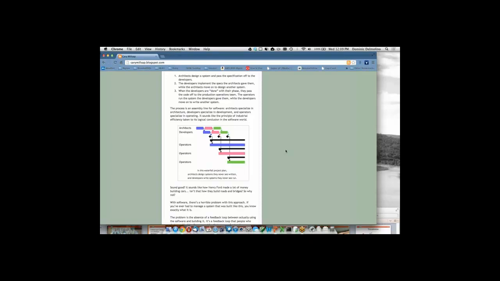So again, if I apply the A word to this, it polarizes people sometimes because they've been taught that the word agile means sloppy, or they've found out that agile is not something that they want to be a part of. But part of what I consider to be good about the agile movement is that you end up with architects, developers, and operations people in the same room for the entire duration of a project, focused on making this application go.